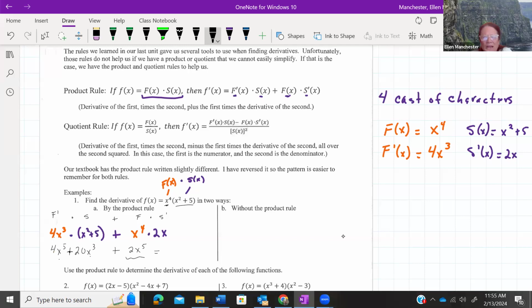Now, do you see how I can add like terms? So I have 6x to the 5th plus 20x cubed. And that is the product rule. That's the derivative when you're multiplying two things together.